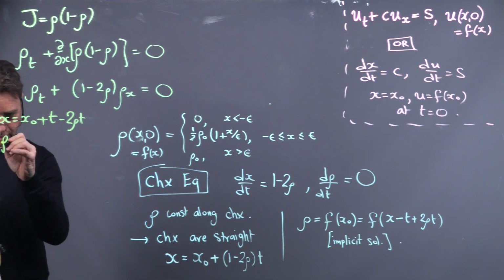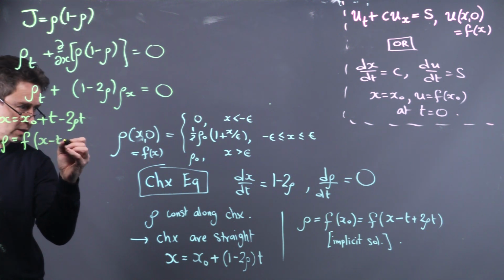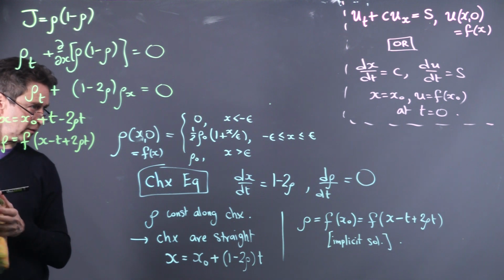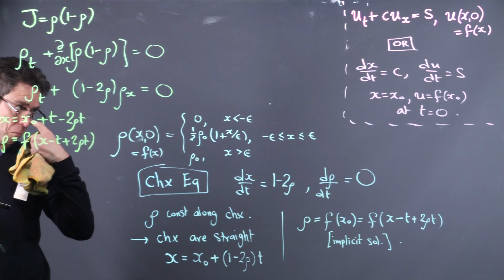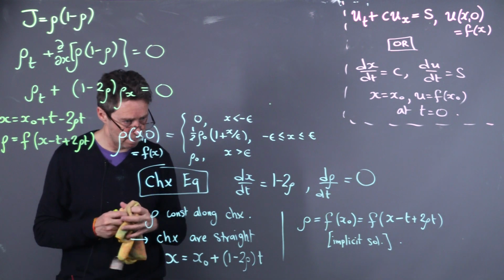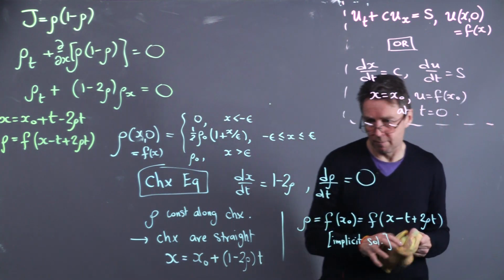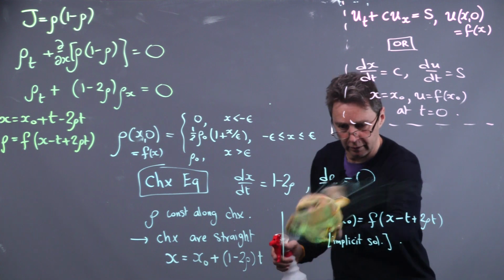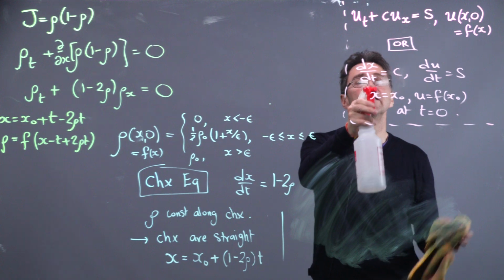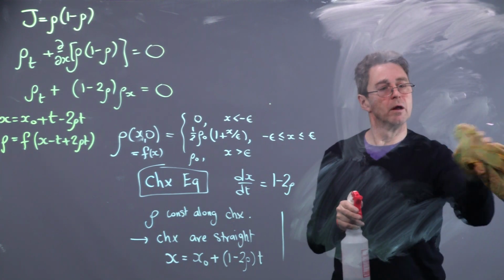And then we've got that rho is equal to f of x minus t plus 2 rho t. Those are the characteristics equations, right? And we've got this particular initial condition here. We want to solve this. So we'll do that presently, but I don't need this lot. And at this stage, I've kind of got everything here. Let's just give ourselves more room.